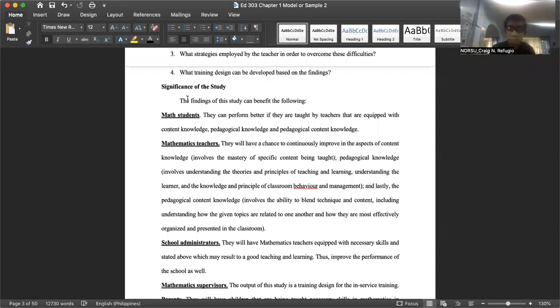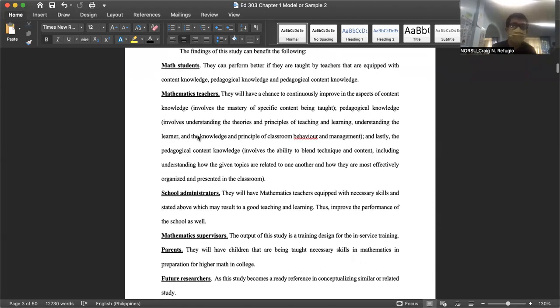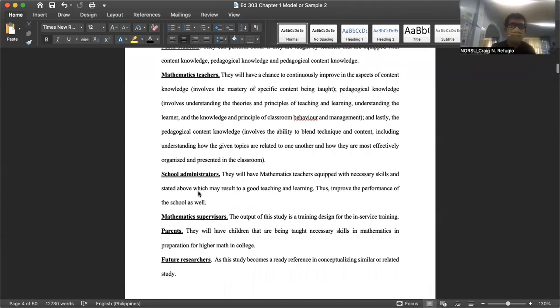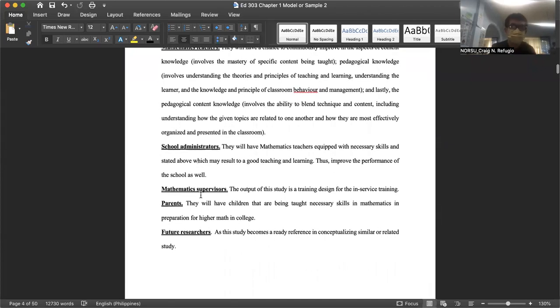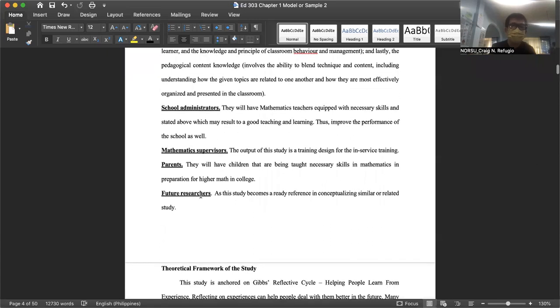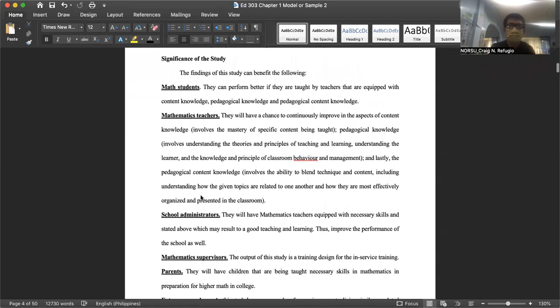So in the sample model, these are the different beneficiaries of the findings. We have math students, mathematics teachers, school administrators, mathematics supervisors, then parents, then future researchers. You have a copy of this model, so you can read the specific content of the different beneficiaries of the findings of the study.